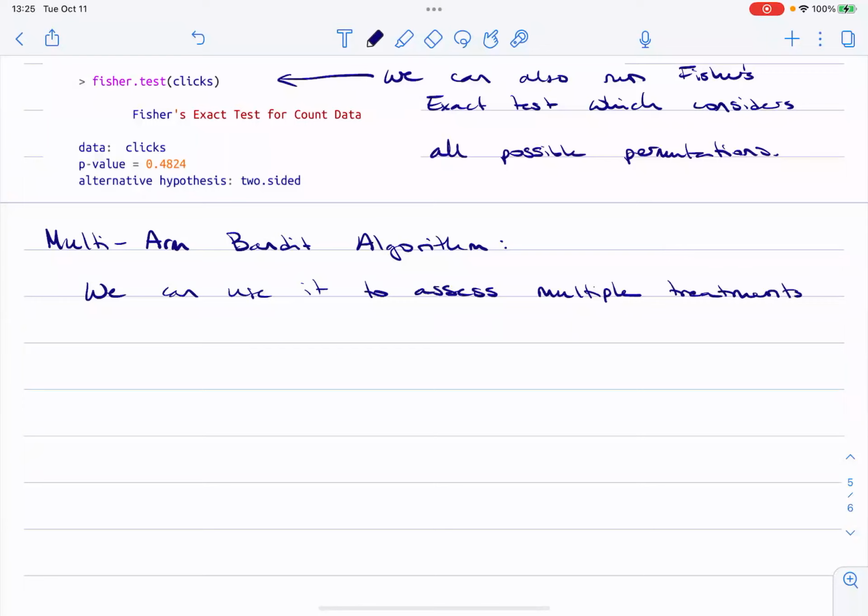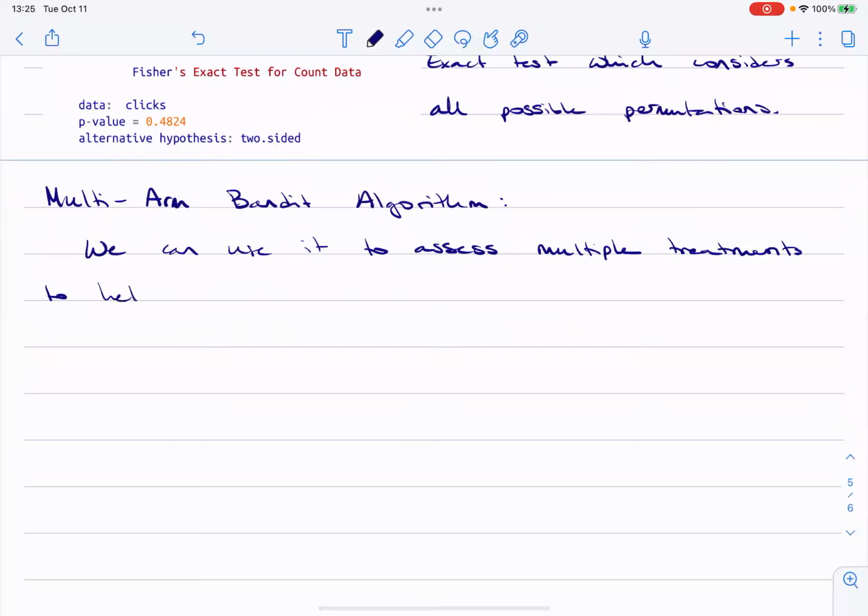Because what we're going to be doing is moving away from the one that's significantly different or significantly the best, because sometimes we don't need that significance, right? Significance meaning a p-value less than 0.05. Maybe we're not so concerned about that. We just want to know, out of these 3 options, which one is the best? Which one should I be going with?